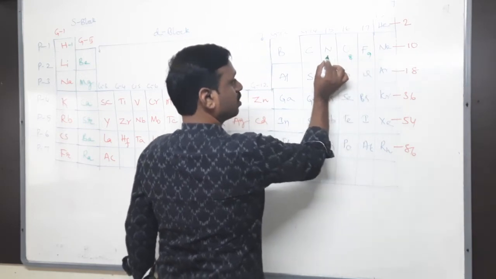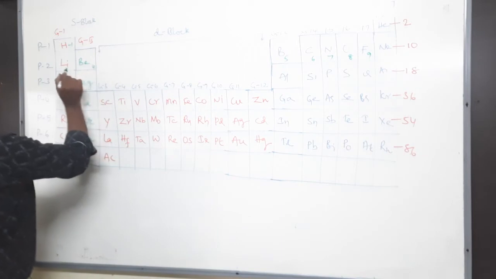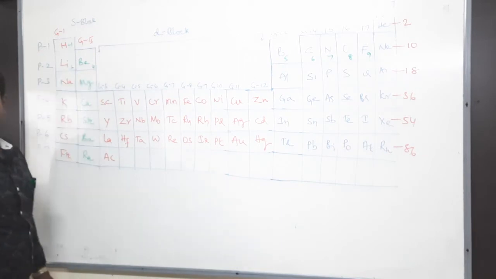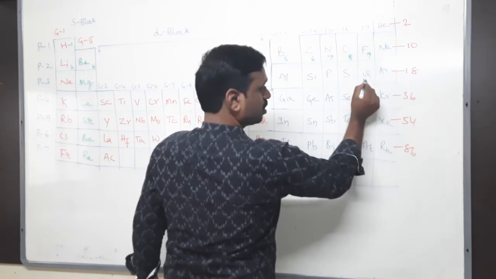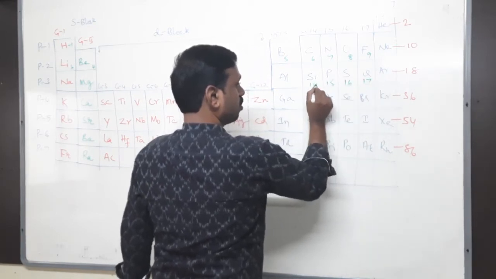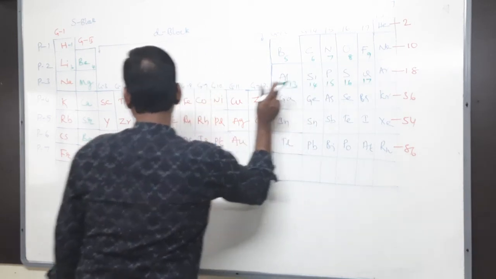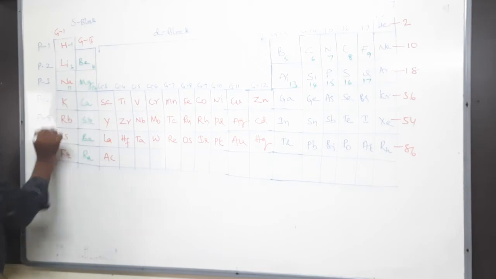9, 8, 7, 6, 5, 4, 3. If the atomic number of argon is 18, then 17, 16, 15, 14, 13, 12, 11.